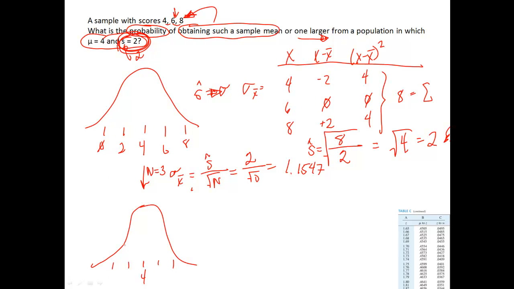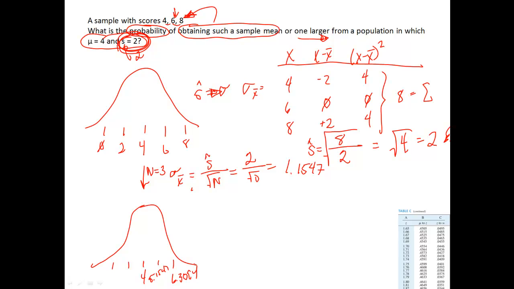If I now set up the number line for my distribution, 4 plus 1.1547 is 5.1547, plus another 1.1547 gives me 6.3094.